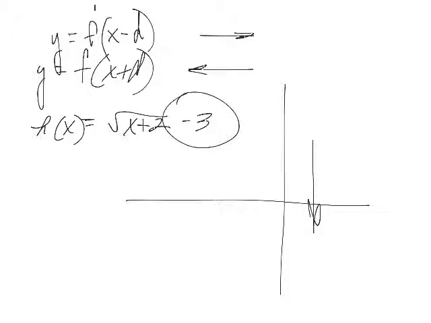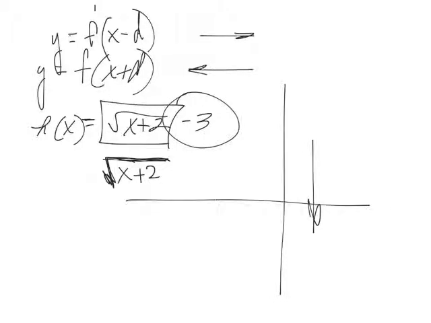But this here, at one point, was a square root of x. And what did we do with that square root of x? We added 2 inside that radical sign. Because it's inside the radical sign here, it is part of the x. It's part of the function.